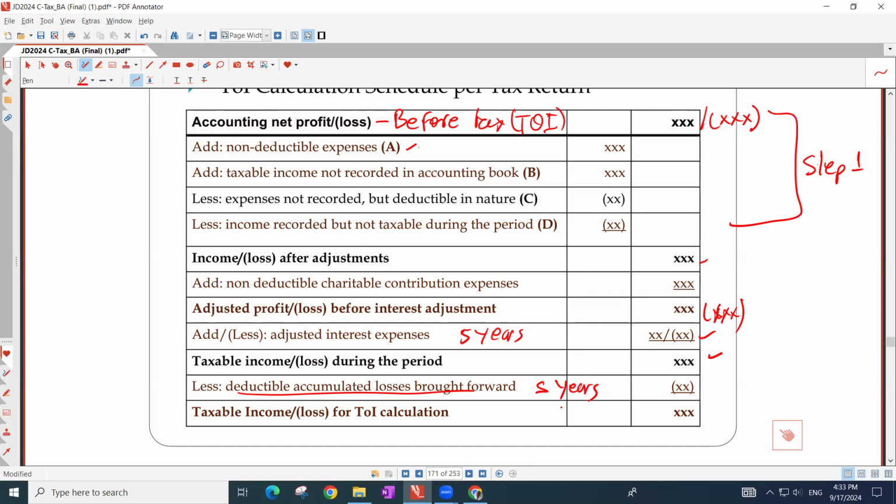But don't forget the condition to claim a loss carry forward is that there is no business change. You have to claim deduction at the earliest of the loss incurred, and the loss must be recorded in the tax returns, something like that. Okay, so after less loss, then we can have what we call taxable income or loss for TOI calculation.